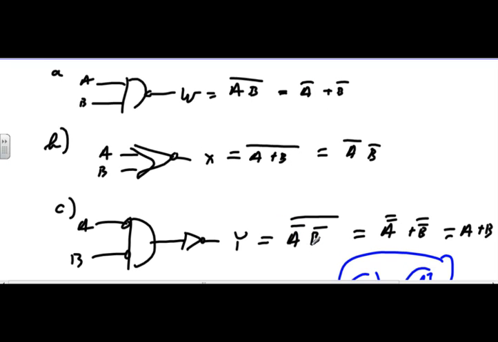A happens to be naughted, B has to be naughted, but something and something naughted is going to be whatever the something is naughted or whatever the something is naughted. So there's no difference between what I did there and what I did here, except here A is just A and here the A is A naught. I'm confused why you went from AND to an OR because of the inverter.